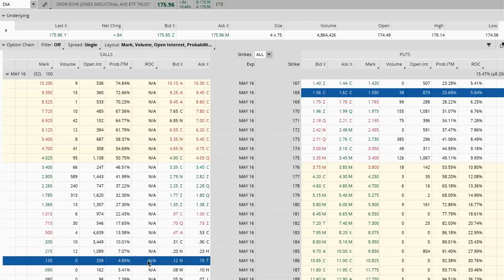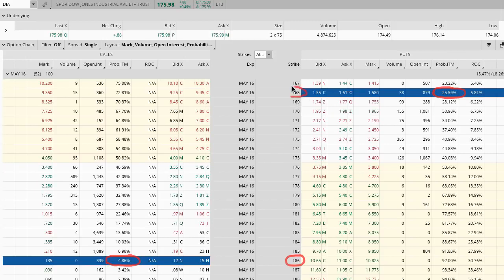So here you can see this is probably the strike price that we would target: the 186 calls above the market. Those have about a 5% chance of being in the money. So if we add the probability of losing on both of these strikes, the 25 plus the 5, then we basically get about a 30% chance of losing on this trade.